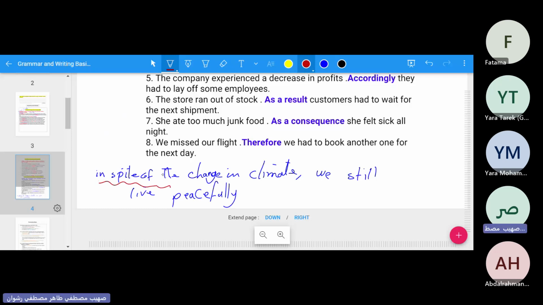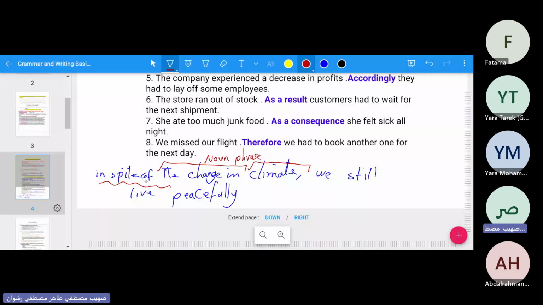Here is in spite of. What comes after it? Incomplete sentence. A noun phrase. Okay, noun phrase. So in spite of the changing climate, we still live peacefully.